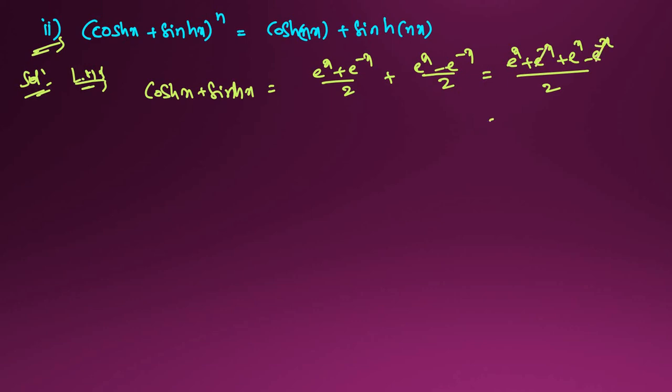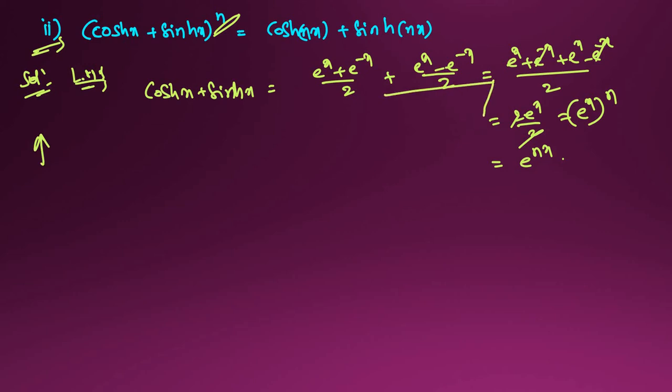These two will get cancelled here. 2 into e power of x by 2 will come here, the 2 will get cancelled, and e power of x will remain. Then the whole power of n, I will submit here, so it will become e power of nx. Now from this we will again do the same going upside. We already came down like this, and now we will go upside.